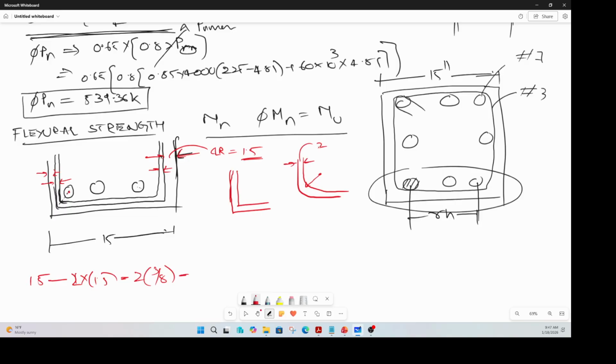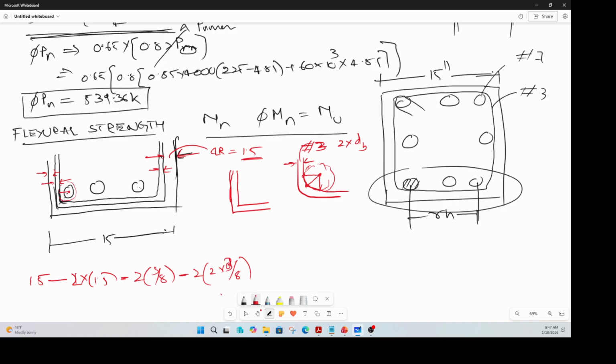If it is a number 3 bar, then the radius is 2 times the diameter of that bar. So from here to here, that is the radius. We're talking about this distance here, so that is 2 times your diameter of number 3 bar.